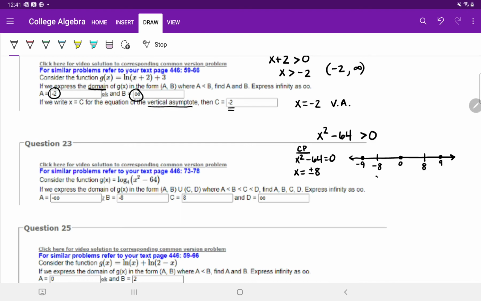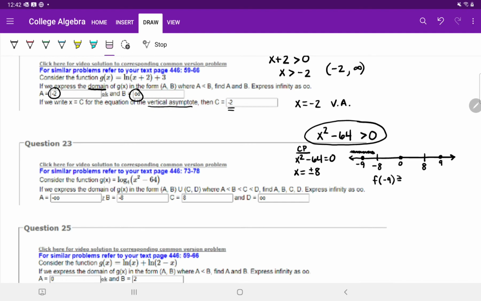So first, let's plug -9 into this expression, the one I just circled. -9 squared gives me positive 81, and positive 81 minus 64 is greater than 0. That gives us a yes.